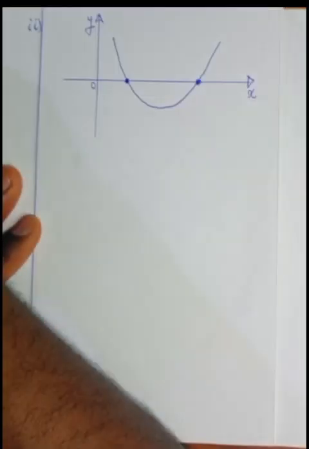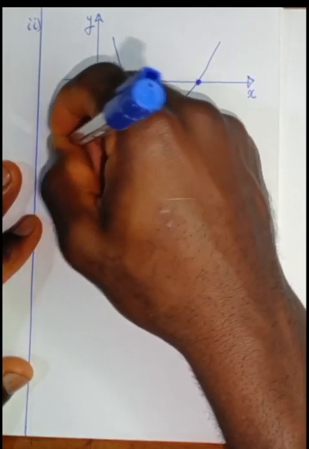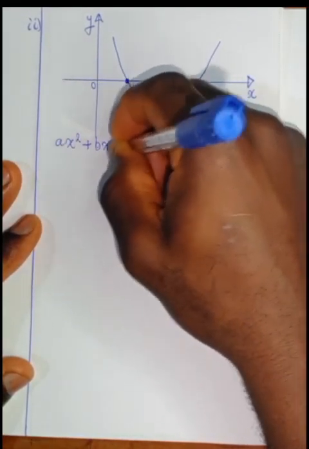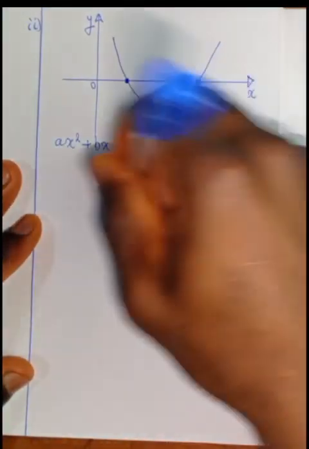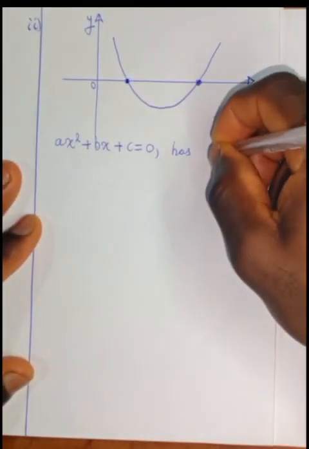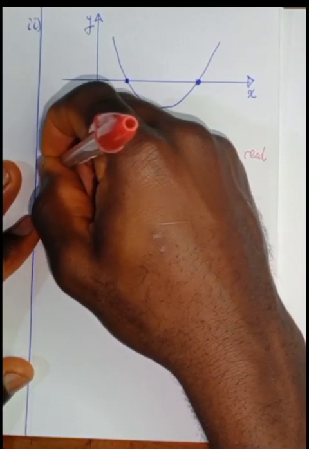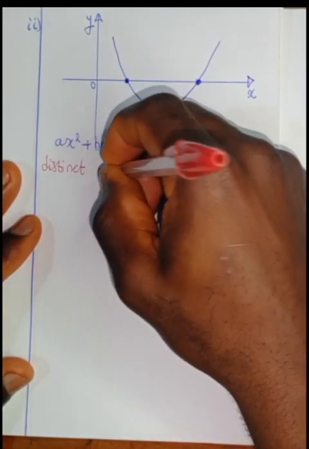In this case, we are going to say the quadratic equation ax squared plus bx plus c equal to 0 has two real distinct roots. Distinct simply means they are different roots.